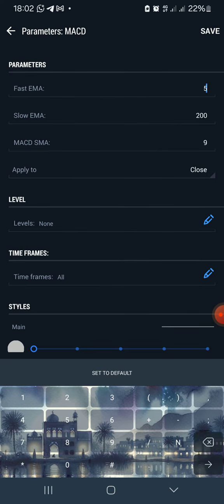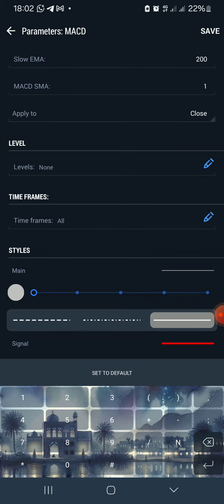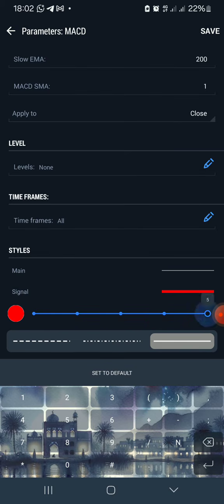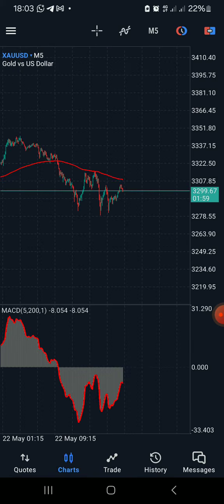Then here I'm putting 1. This is 1. On my signal, I'm going to increase the thickness so that I can see what is going on. So let's see how this happens to look.